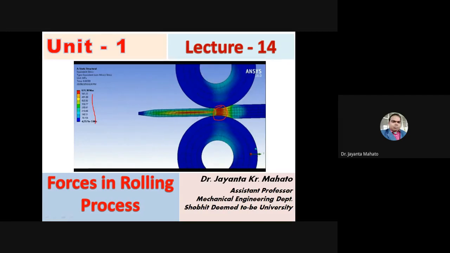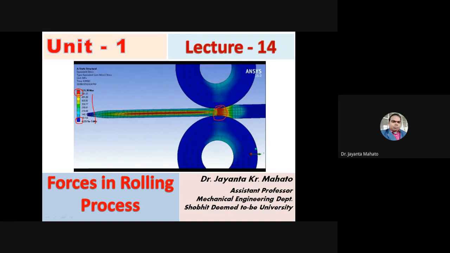That means from this diagram, the lower color, that is blue color, actually represents the lower force or lower load or lower stress zone, and this red color represents the higher.